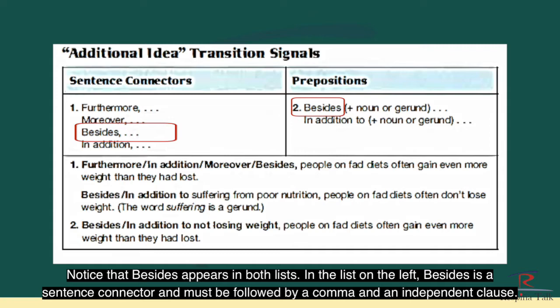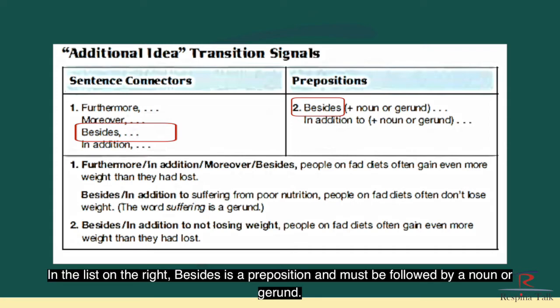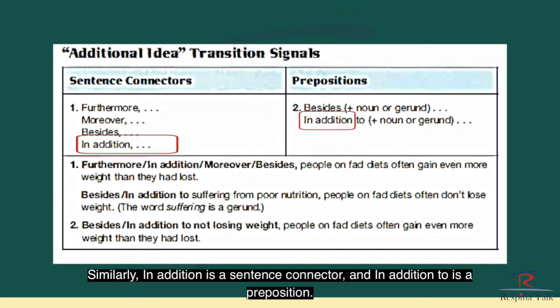In the list on the left, besides is a sentence connector and must be followed by a comma and an independent clause. In the list on the right, besides is a preposition and must be followed by a noun or gerund. Similarly, in addition is a sentence connector, and in addition to is a preposition.